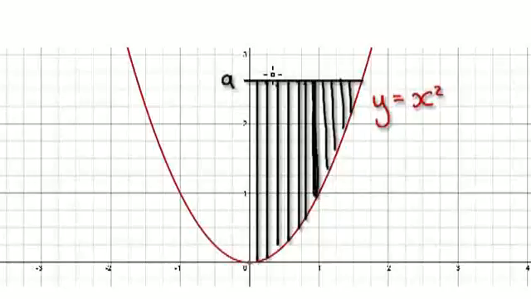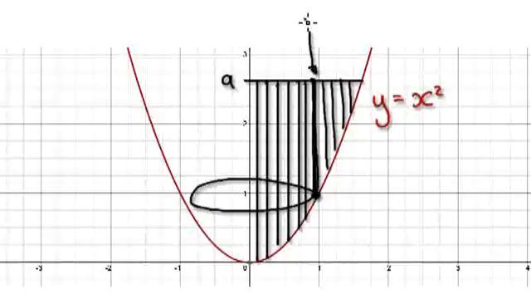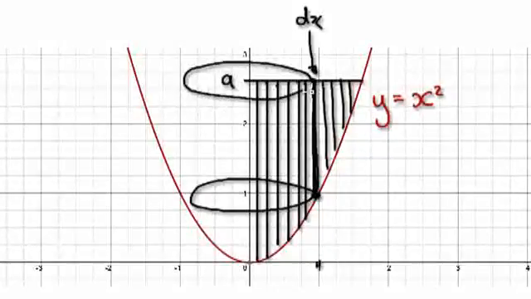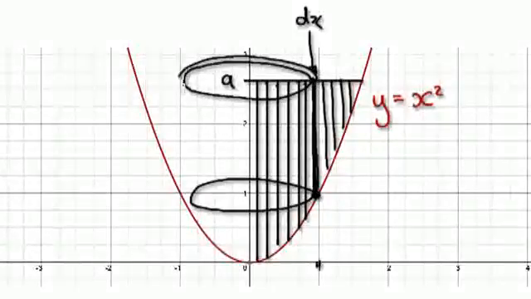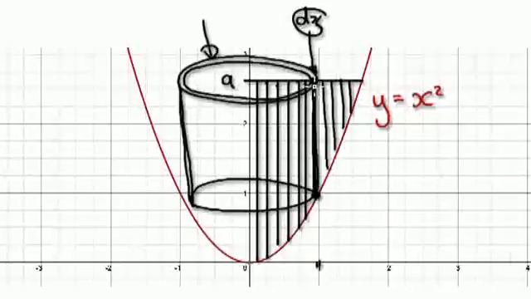When you rotate this 360, it will look something like this. And don't forget this bit here has some sort of thickness along here. The thickness is actually dx. When you rotate it 360, you're going to get a cylinder, with an associated thickness dx.